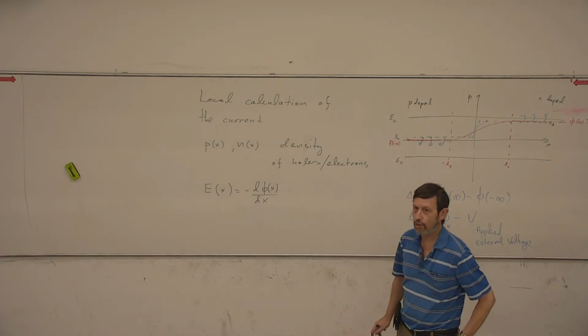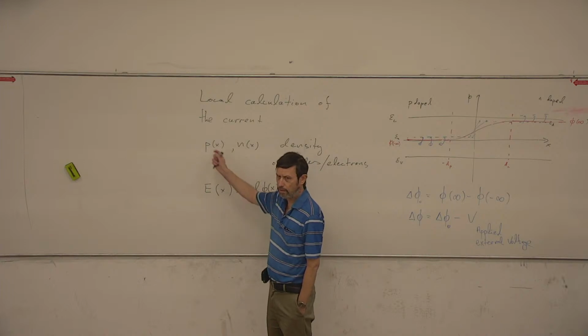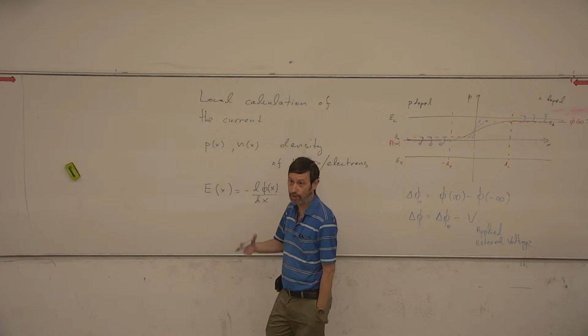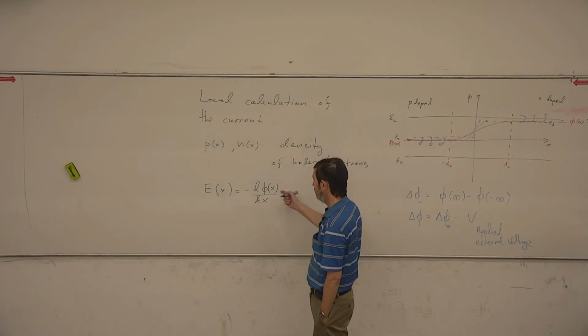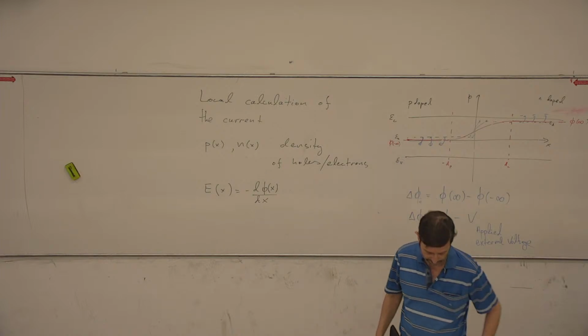So it's best to look at it as having the potential and the densities, which express the properties at a given point.